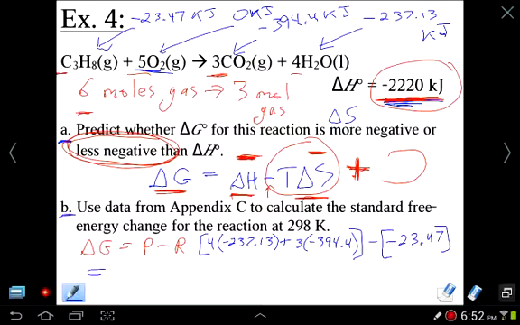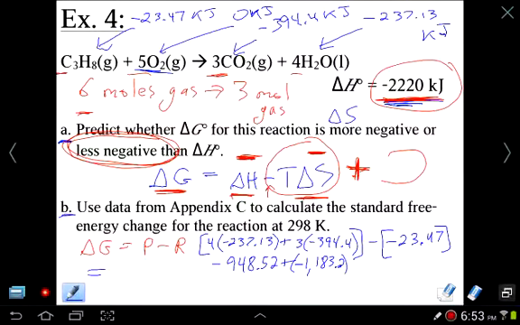4 times negative 237.13 gets us negative 948.52. 3 times negative 394.4 gets us negative 1183.2.